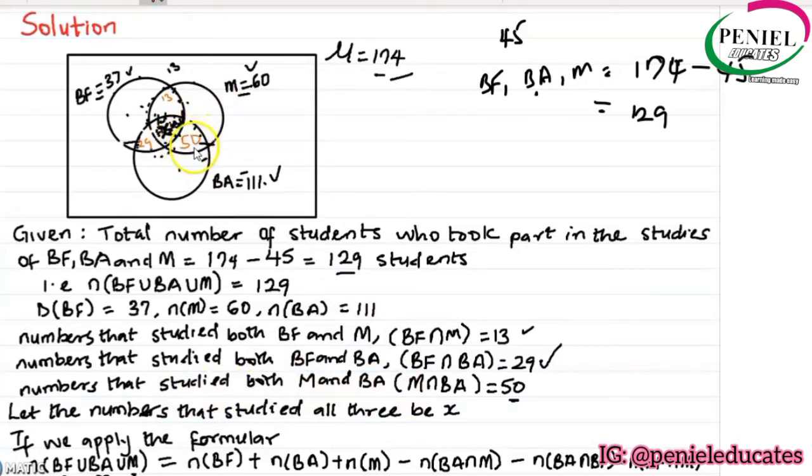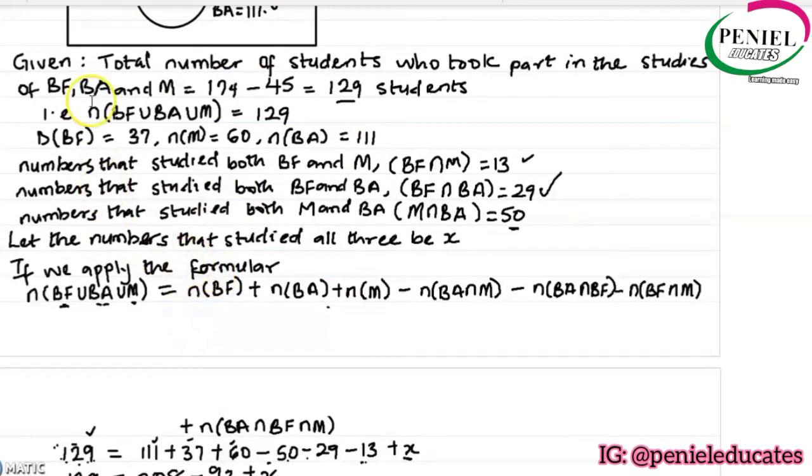Okay, all right. Then let X here be the number that study all the three. If we apply the formula, we're to have banking and finance union business admin union marketing.